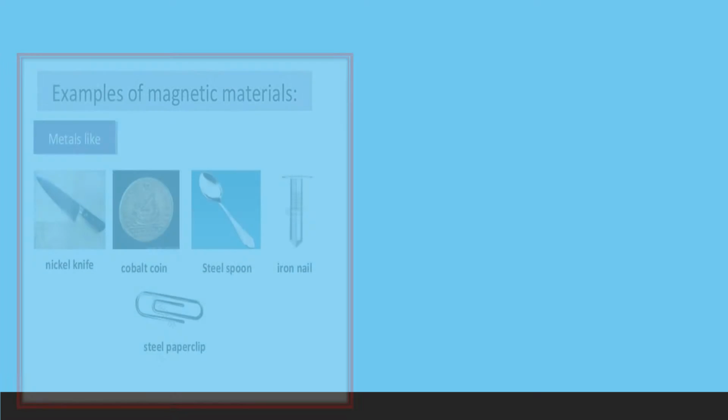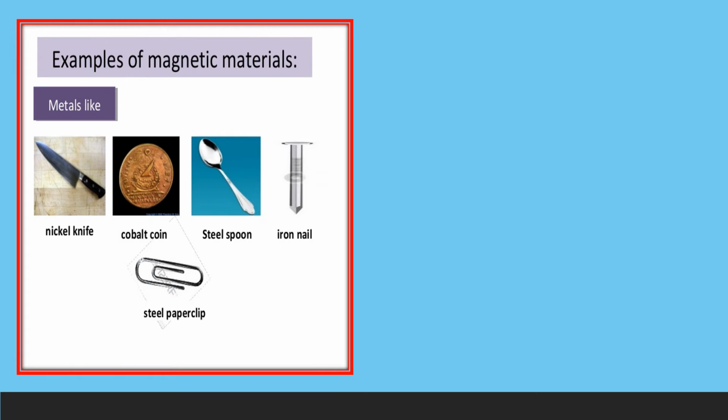Now, let us see the different examples of magnetic materials. Metals like nickel, cobalt, steel, and iron. So these are the different examples of metals that can be attracted towards a magnet.